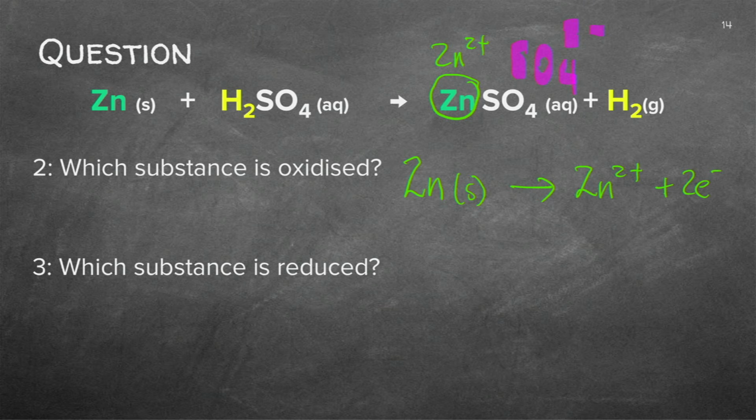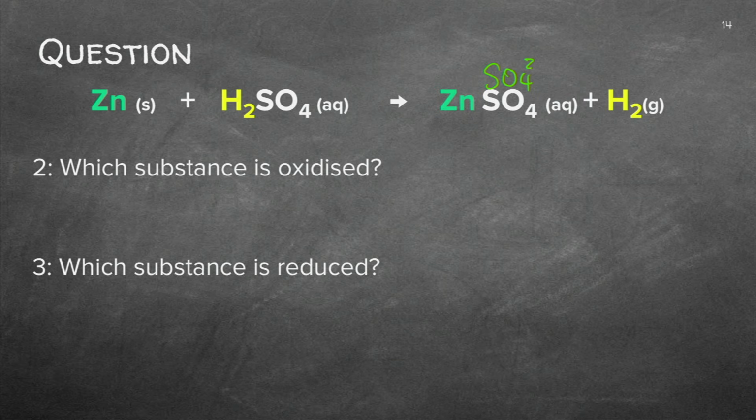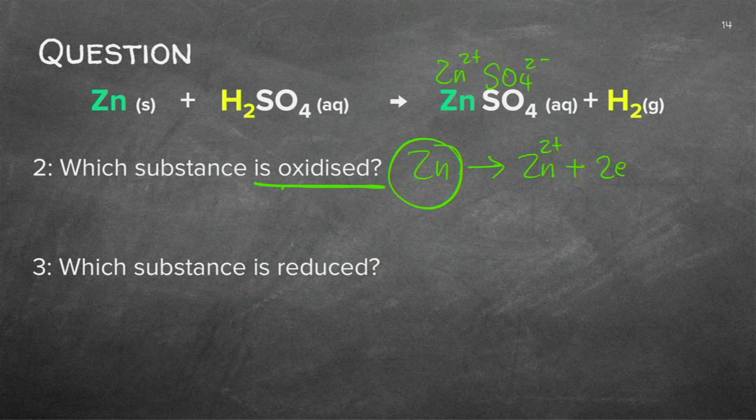I hope that's clear. Let me quickly just write that again. So you've got here sulfate looking that way and zinc there. So we've got that half reaction, and it's a loss of electrons. Therefore, we know the substance that will be oxidized is zinc.